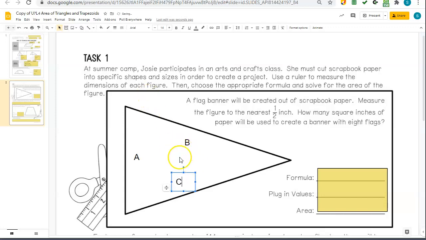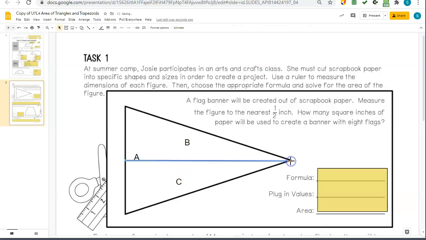And then I'm going to draw one more thing. I'm going to draw my line from here to here, and call this H.